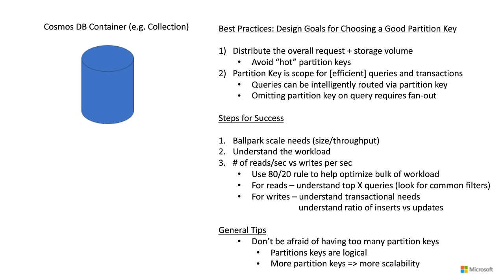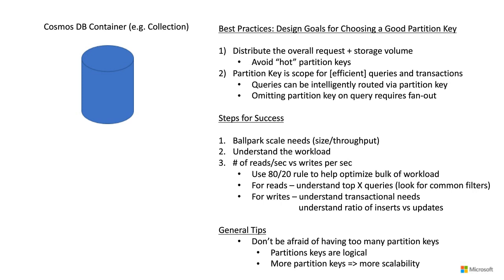So if you have a total of 1 partition key value, we can at most distribute this across 1 underlying physical partition, because we guarantee that we collocate that logical partition across no more than 1 physical partition.